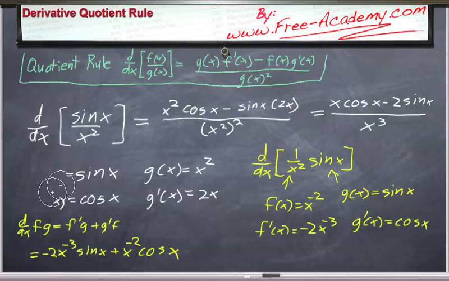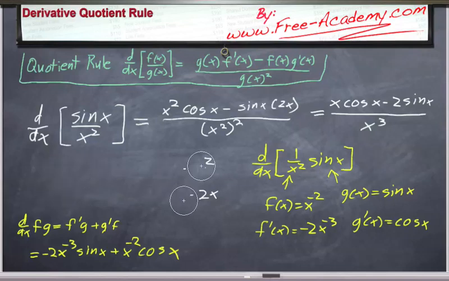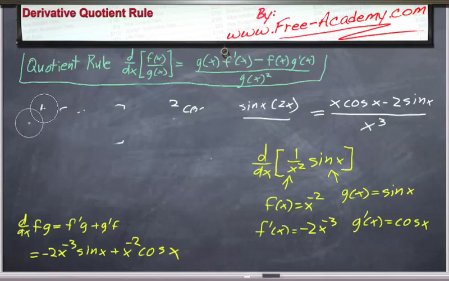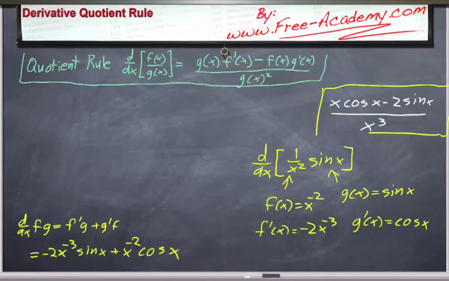Now I'm going to erase a little bit of room here, and I'm going to show you that these two are exactly the same. First, let me take this formula right here, and I'm going to divide through the denominator.